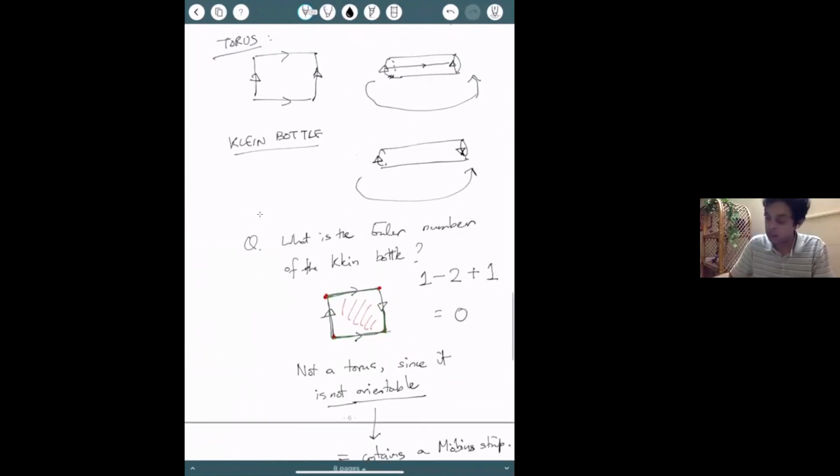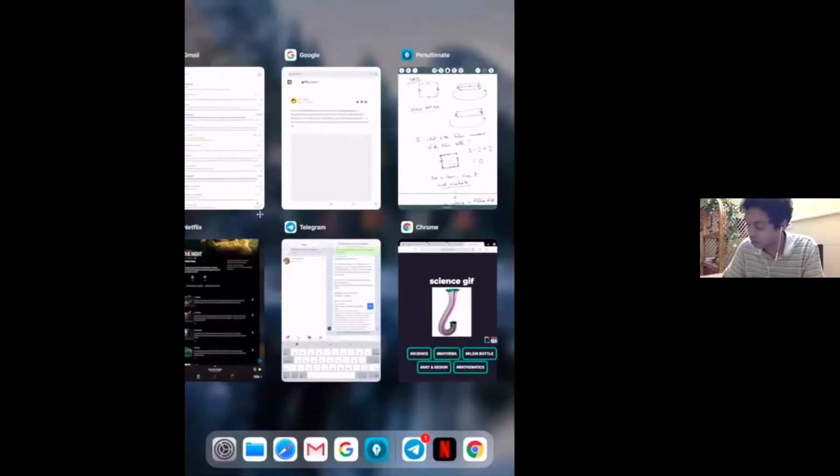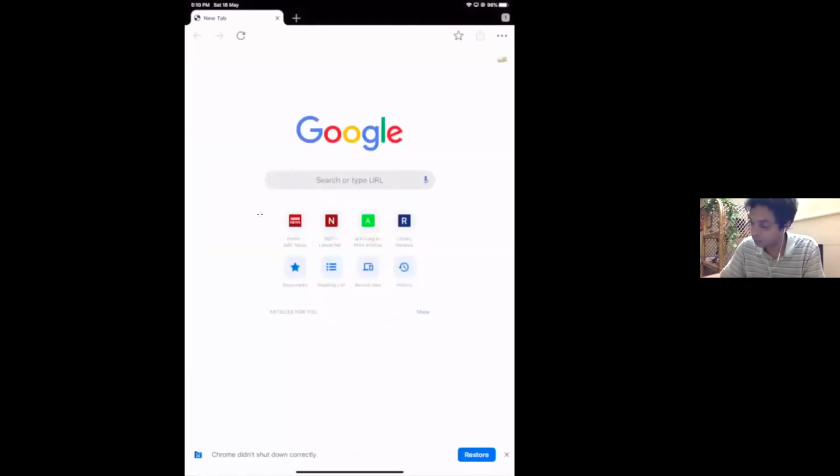Yeah, so for the Klein bottle, you start with a square piece of paper, just as before, right? And then you glue the top edge to the bottom edge, just like you did in a torus. But this time, the left edge and the right edge are glued with a twist. So when you have this cylinder, let me show you that animation again.